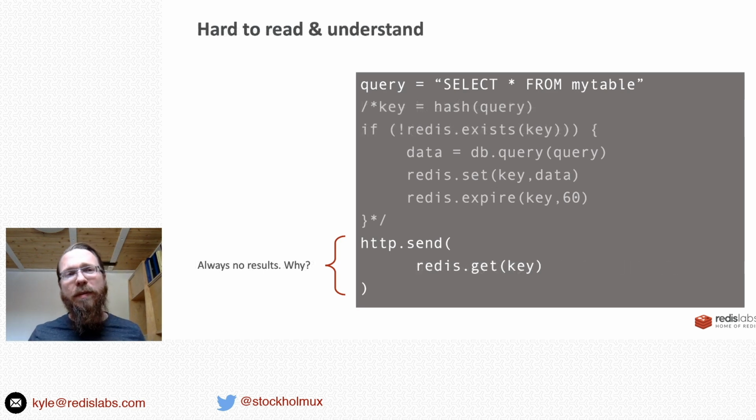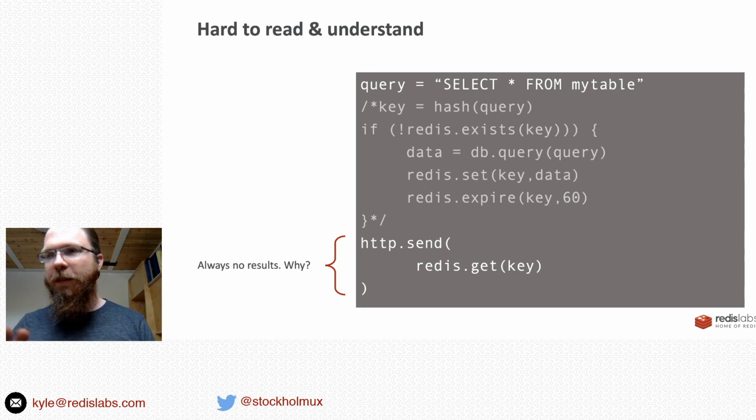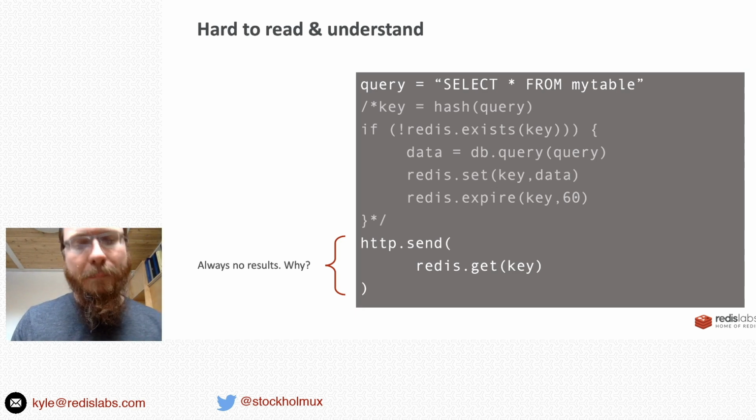Even worse is something like this, where we have a query and we're sending this and we're using Redis get key. This is a problem because this might actually work sometimes, and I'll tell you why. In this scenario, this might work for a while and then cease working, which is the worst type of bug.